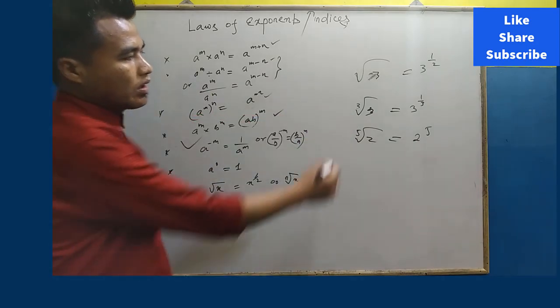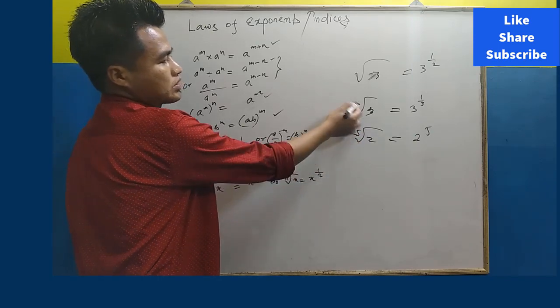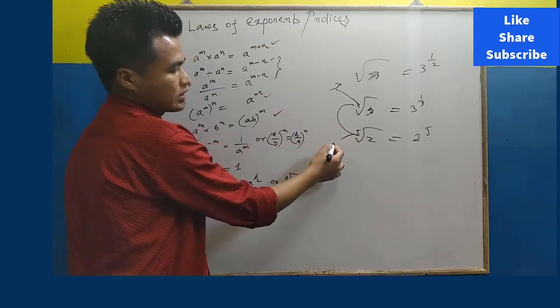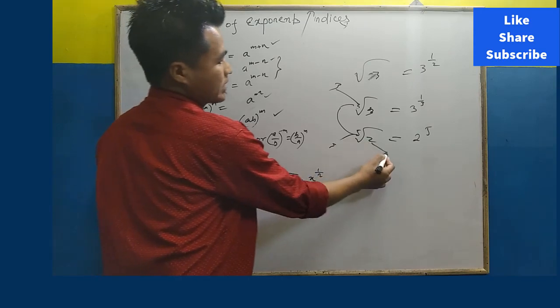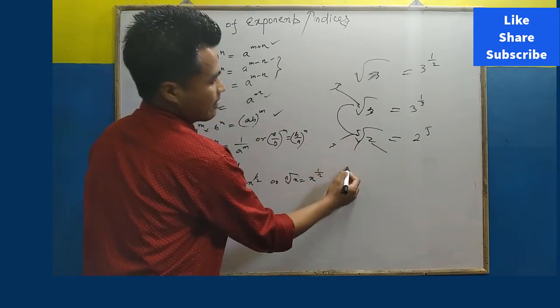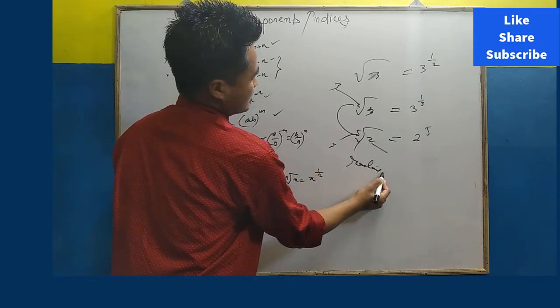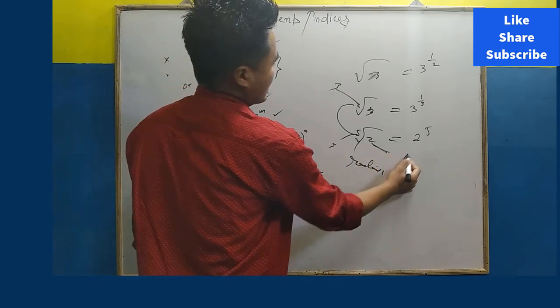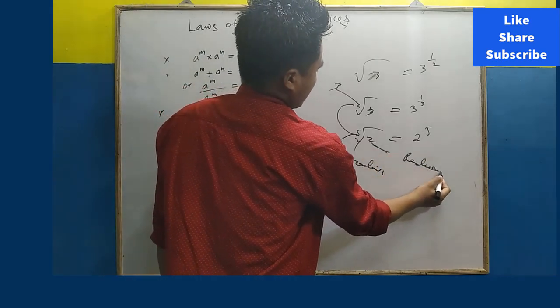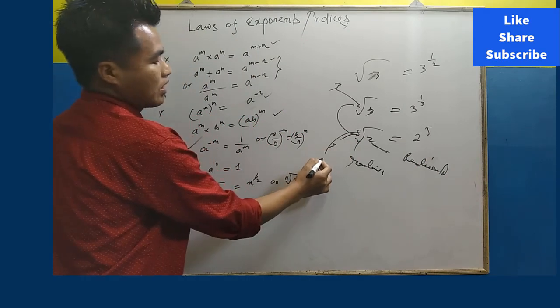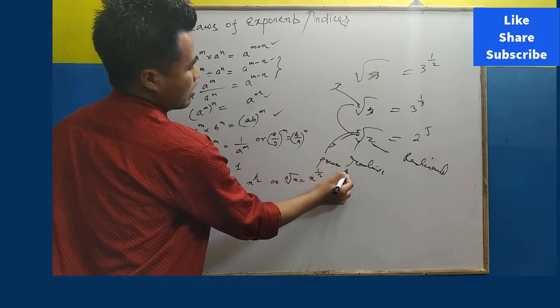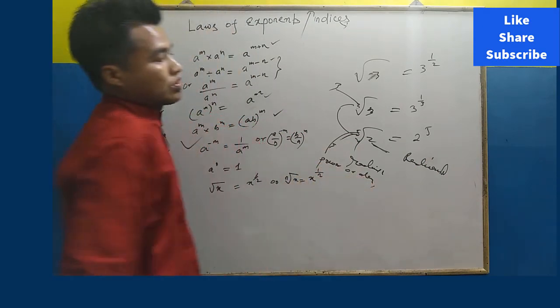Here the index is 3, here the index is 5. This is the base or the radicand, this is the radical sign, and this is the index. So I hope you understand.